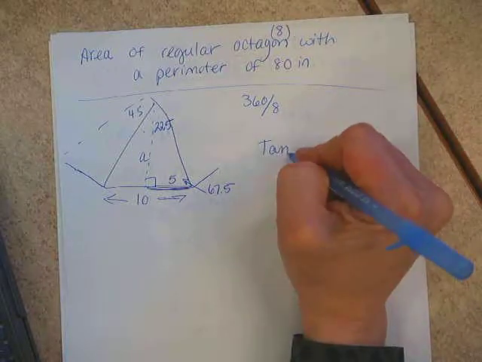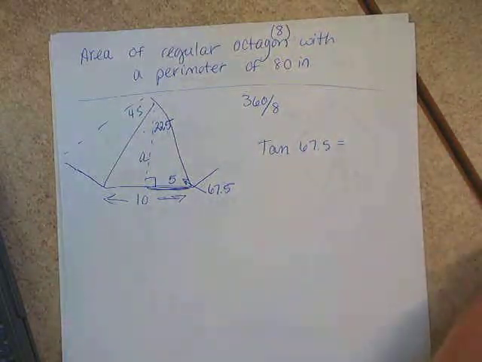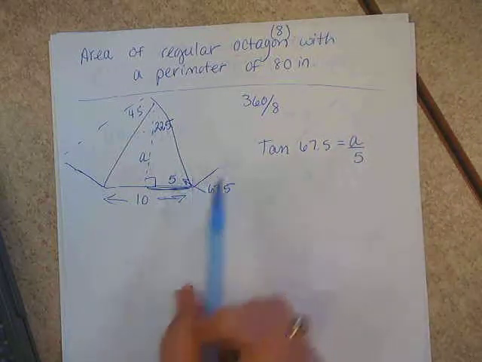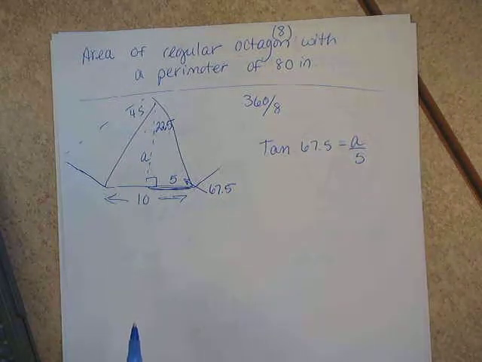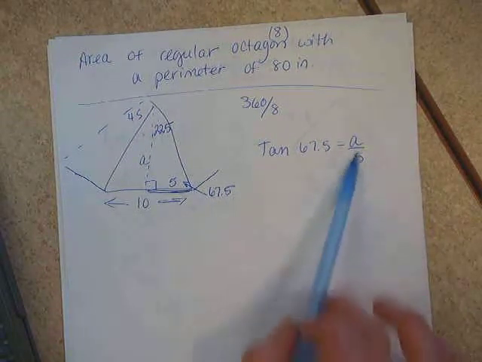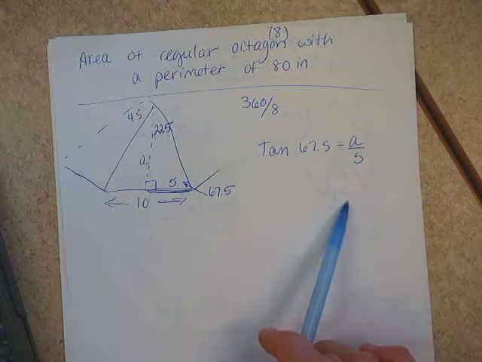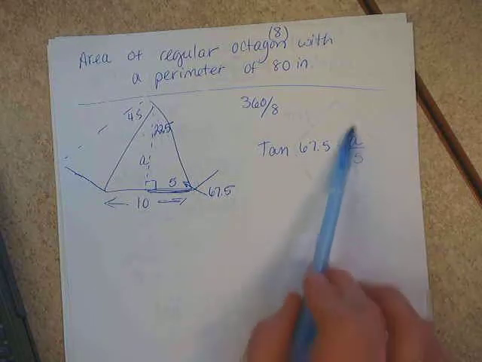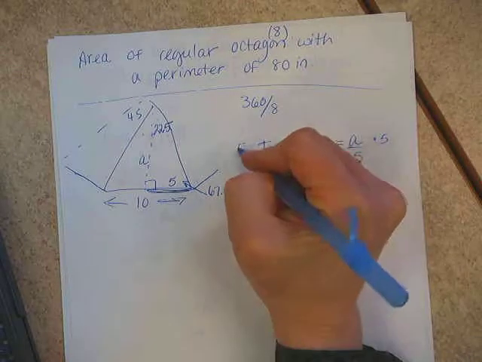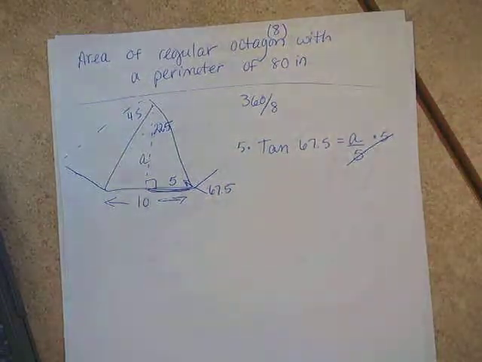The only time you're not going to use tangent is if you're working with a radius. But if you're working with a side length trying to find the apothem, or working with an apothem trying to find a side, it'll always be tangent. So we have the tangent of 67.5 equals a over 5. So I'm using this angle instead to give you an alternative to having the variable in the bottom.